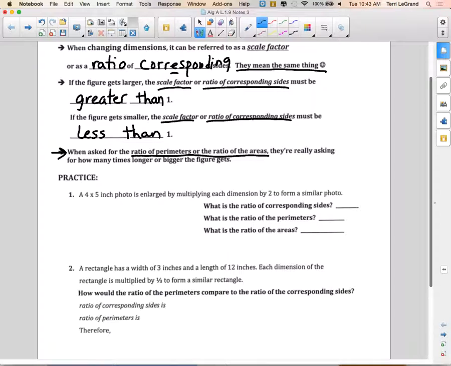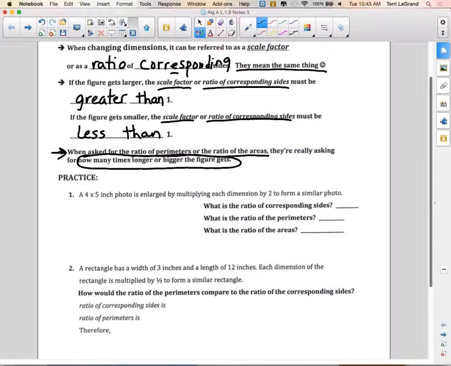They're going to ask you, how does the ratio of areas change, or what is the ratio of areas? What is the ratio of perimeters? Here's what they're really asking you for, people. They're asking you for how, let's circle that part, how many times longer, that's perimeter, or bigger, that's area, the figure gets. So they say to you, what's the ratio of perimeters?